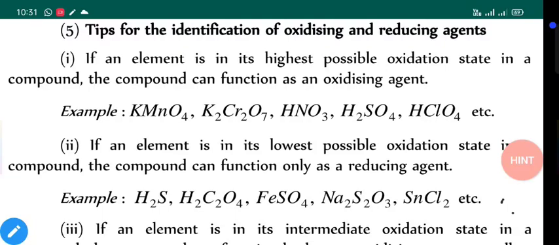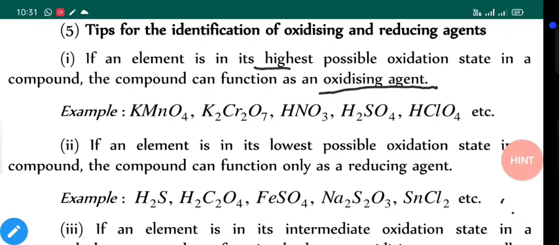We cannot further remove any electrons, or the element cannot lose electrons. So if it cannot lose electrons, then there is only one possibility: it can accept electrons. If it accepts electrons, it is reduction for itself and it can act as an oxidizing agent.